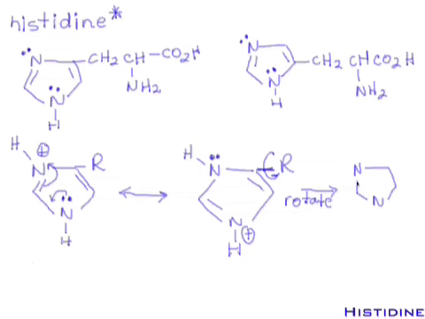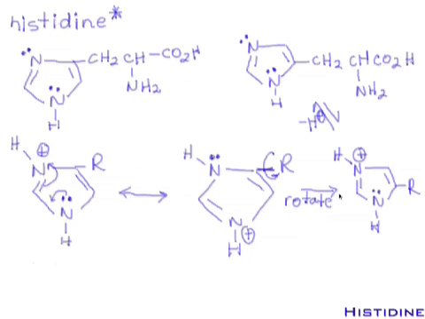Running out of room, I apologize for that. Notice the R is right next door to the NH. So when I rotate it, the R is here. If I now minus H plus, deprotonate, I get the other structure.